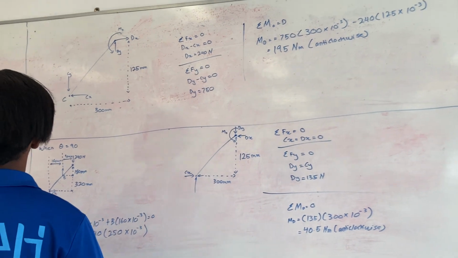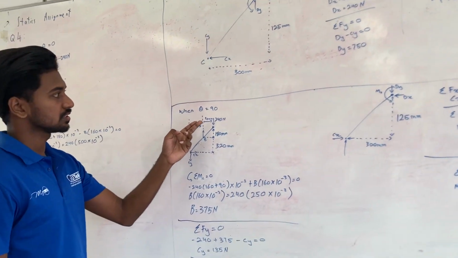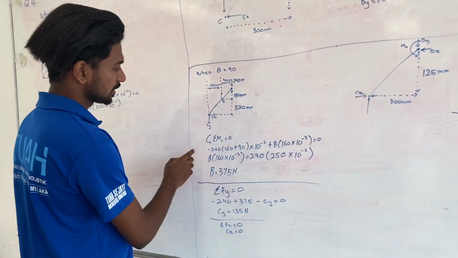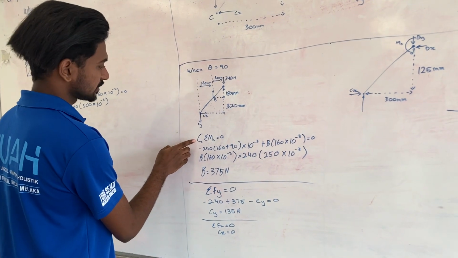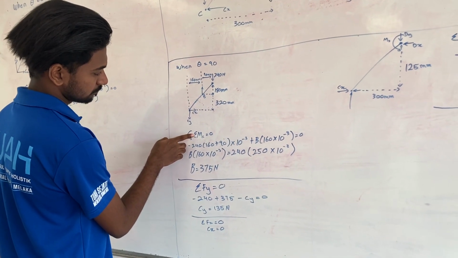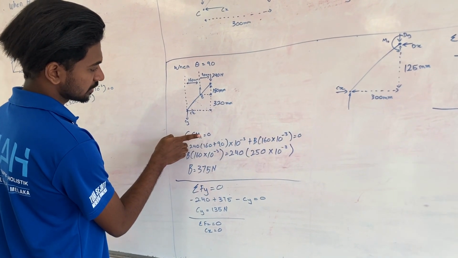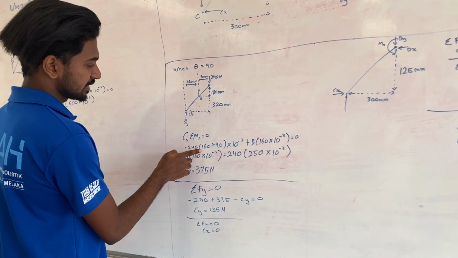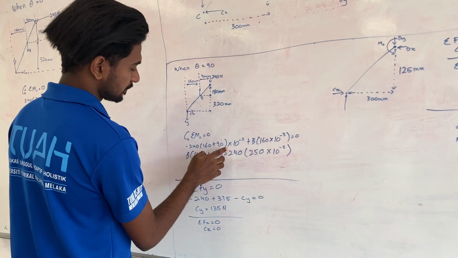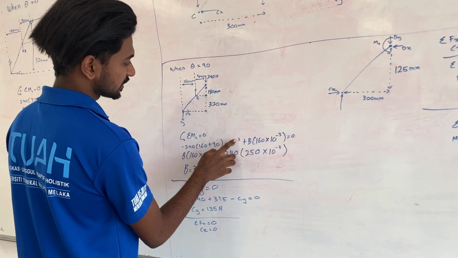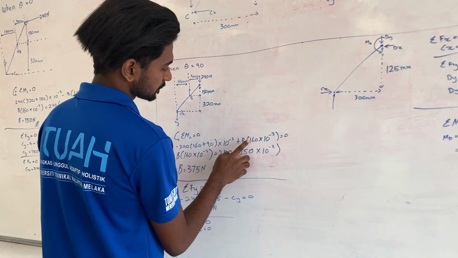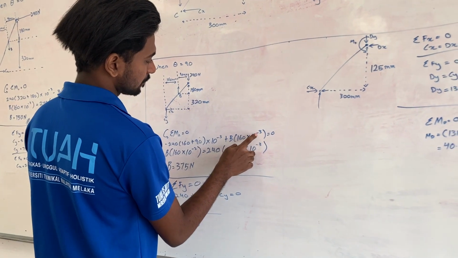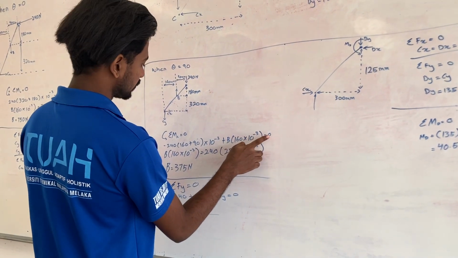And the second one, they ask us for when theta equals 90. I'm using anti-clockwise. Summation of moment on C equals 0, minus 240 bracket 160 plus 90 bracket times 10 power of negative 3 plus B bracket 160 times 10 power of negative 3 equals 0.